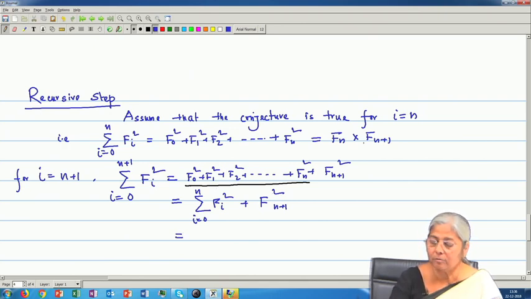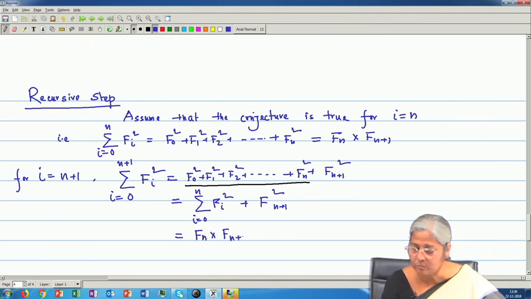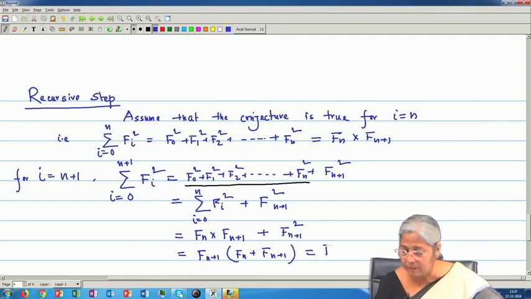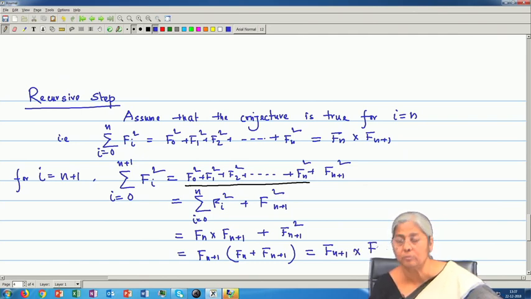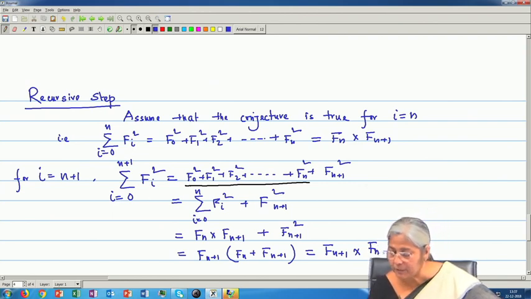Already, according to the principle of mathematical induction, the conjecture is true for i equal to n. So, I can write this as f n into f n plus 1, and the next term is f n plus 1 whole square. Now, if I take f n plus 1 common, then this becomes f n plus f n plus 1 into f n plus 1, and according to the definition of the Fibonacci sequence, f n plus f n plus 1 becomes f n plus 2.